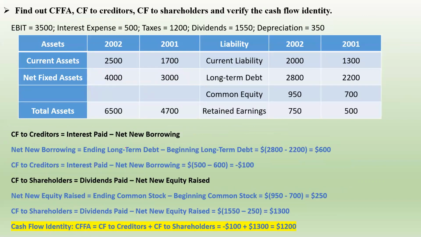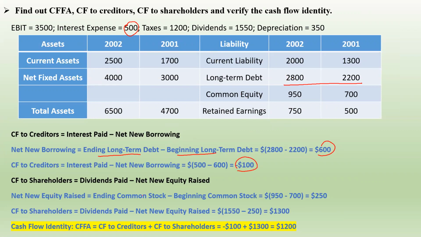Then for cash flow to creditor, we need to find out the net new borrowing, which equals the ending long-term debt minus the beginning long-term debt. It's 600. Cash flow to creditors is the interest minus the net new borrowing, so it's negative 100.